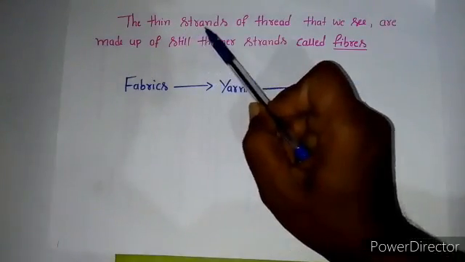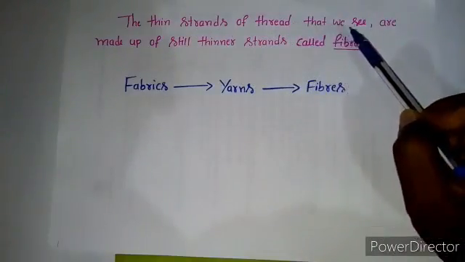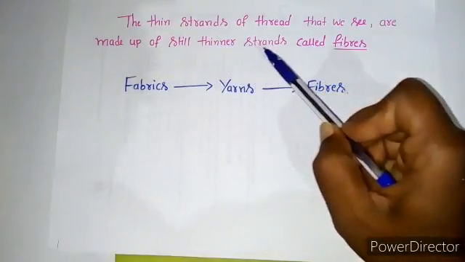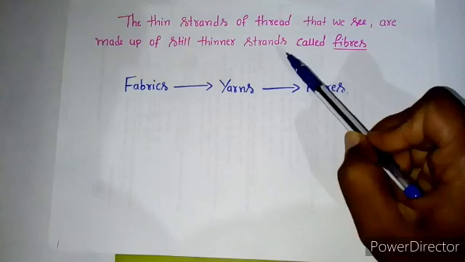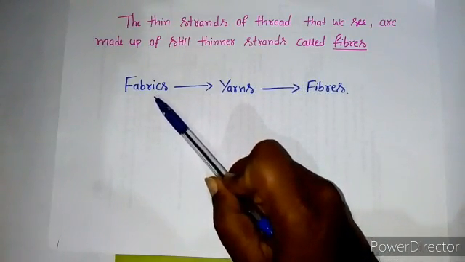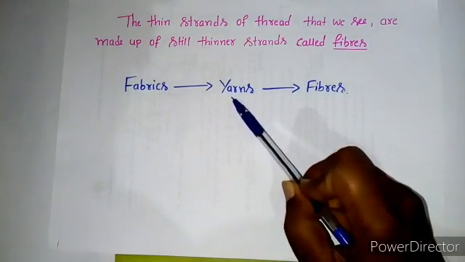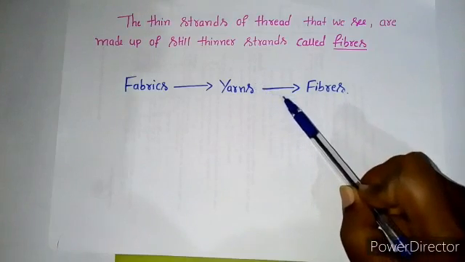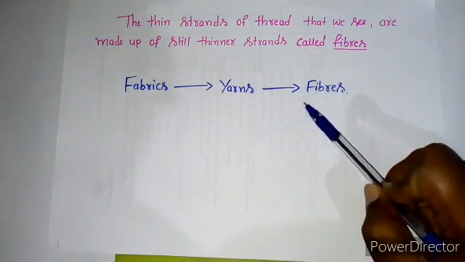The thin strands of thread that we see are made up of still thinner strands called fibers. Okay, students. Fabrics are made up of yarns. Yarns are further made up of fibers.